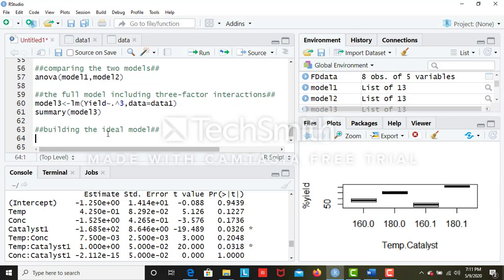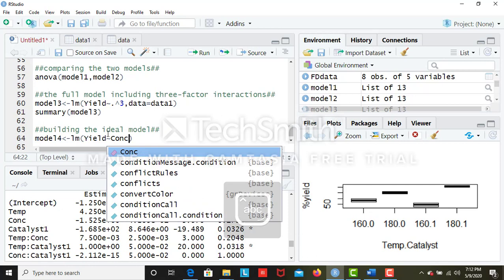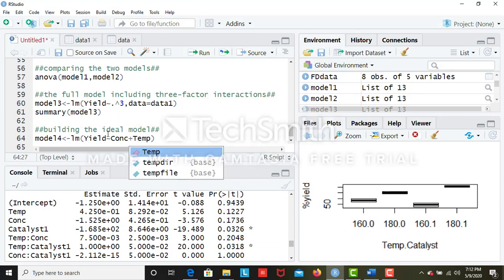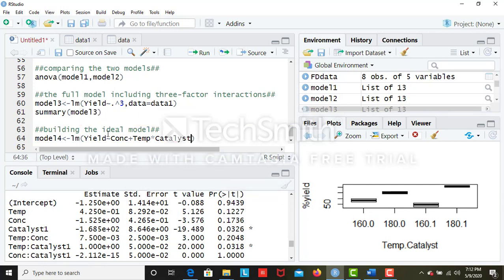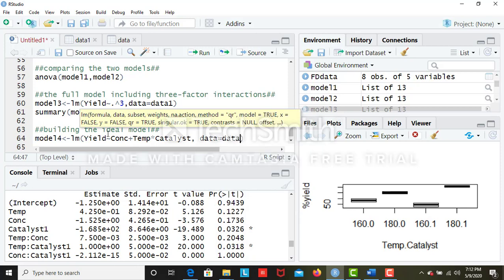So I'm going to call this model 4, and then I have yield, this concentration plus temperature catalyst, then my data is equal to data 1.